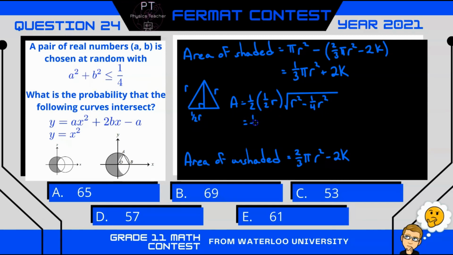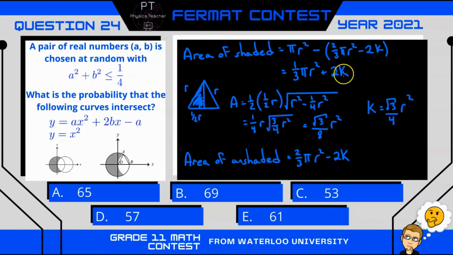So this simplifies to 1/4 r times the square root of 3/4 r squared, or simply root 3 over 8 r squared. And then multiplying by 2 to make sure we get both halves of that triangle, we get the total area k as root 3 over 4 r squared.